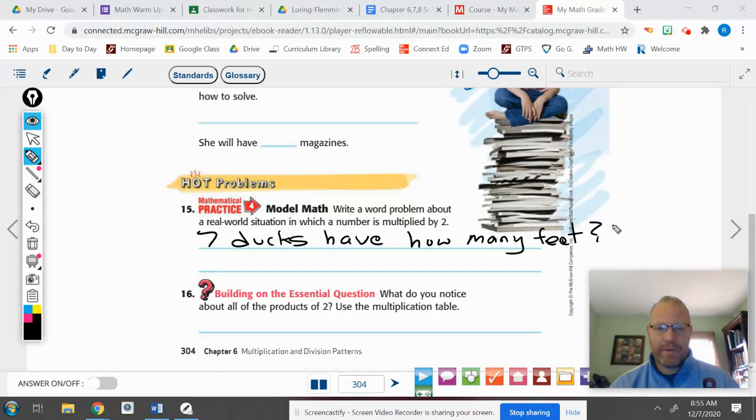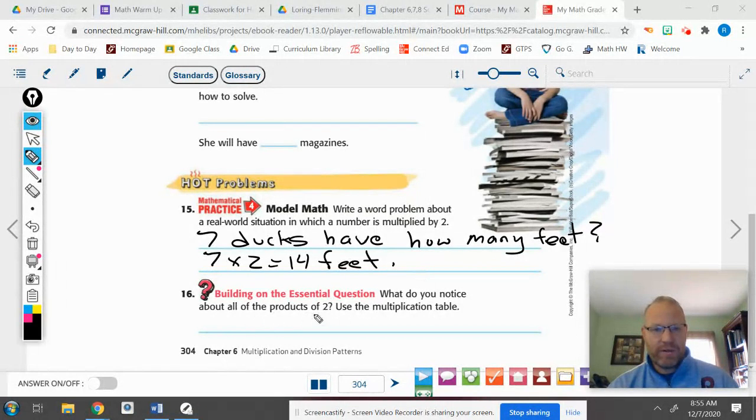So if you did not come up with one, you can use mine. 7 ducks have how many feet? The real world situation answer would be 7 times 2, because ducks have 2 feet. And 7 times 2 is 14 feet. So if you did not come up with one, you can come up with one now. Or if you need to, you can utilize mine.